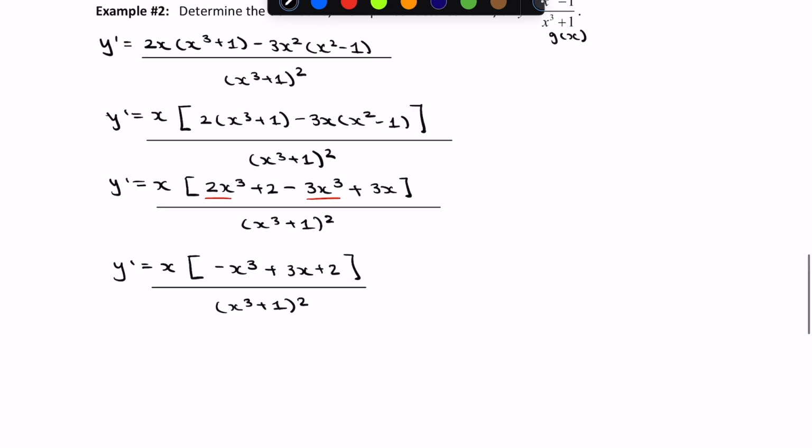Here we can factor out the negative from the values inside the bracket. So y prime is equal to negative x times x cubed minus 3x minus 2 over x cubed plus 1 squared.